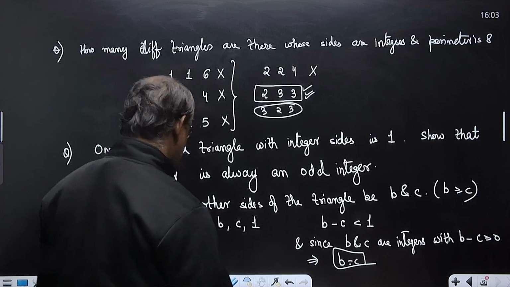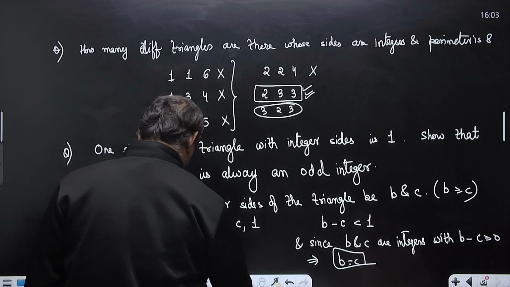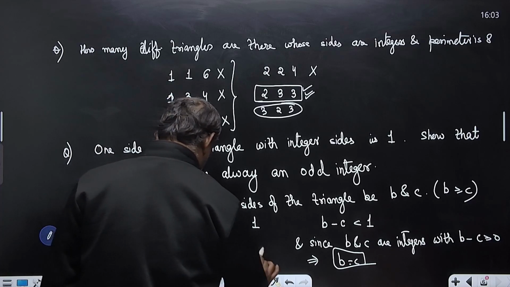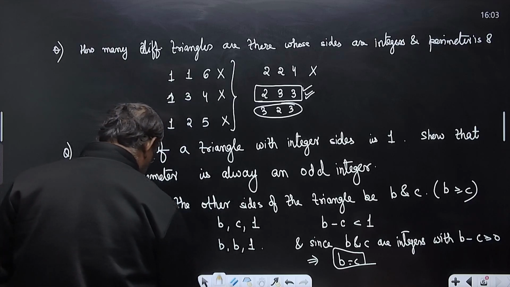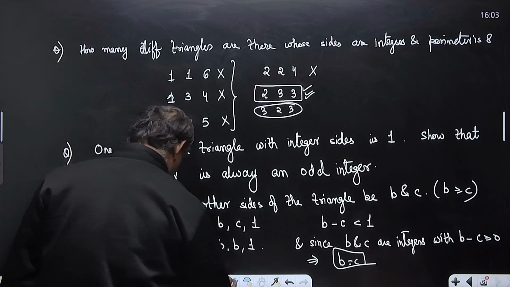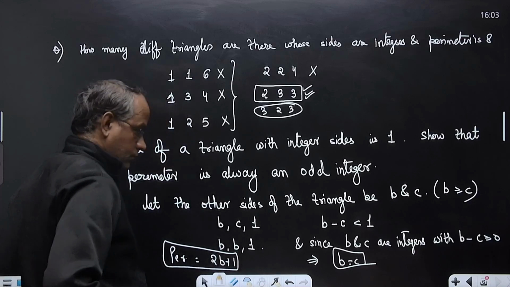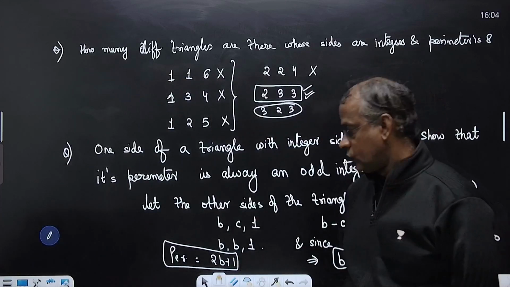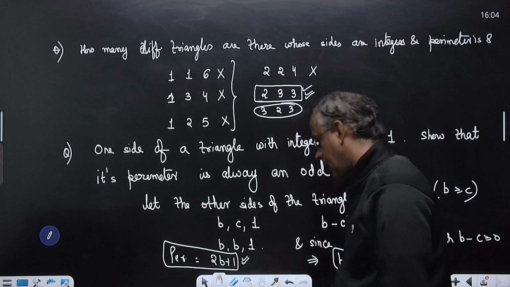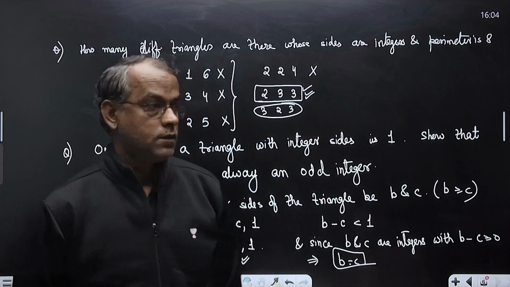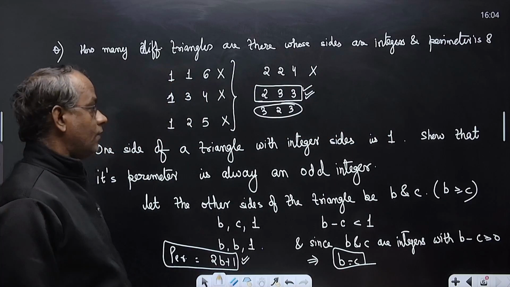So that means the sides are B, B, 1. So perimeter is 2B plus 1. Okay, so we can say that the perimeter is always an odd number.